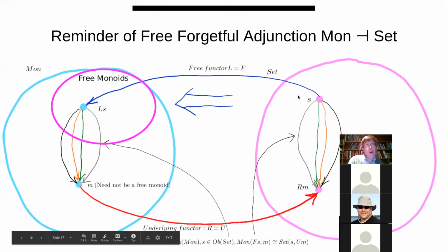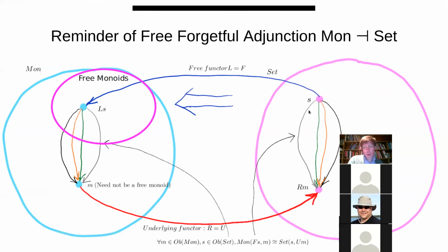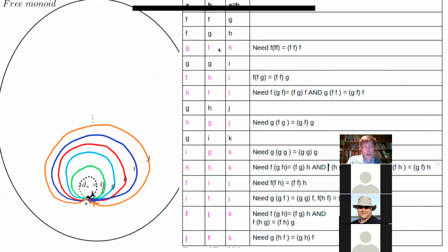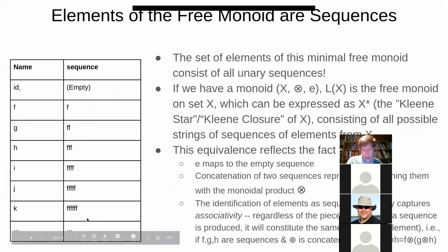But in general, ladies and gentlemen, if we think about this mapping, the free monoid for a given set, the free monoid corresponding to that set, is going to use, and I'll speak informally using the term here, as generators, the elements of S. We used F as our informal generator here, and we got sequences of Fs as the elements.